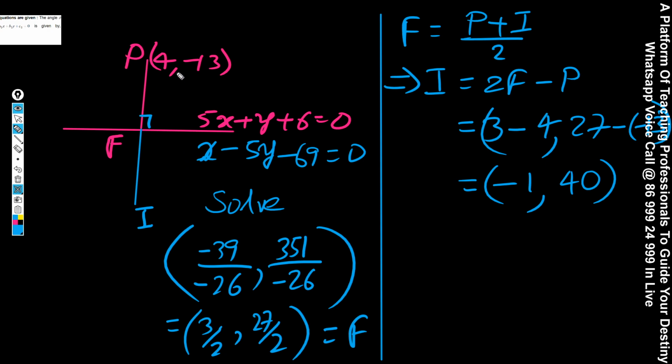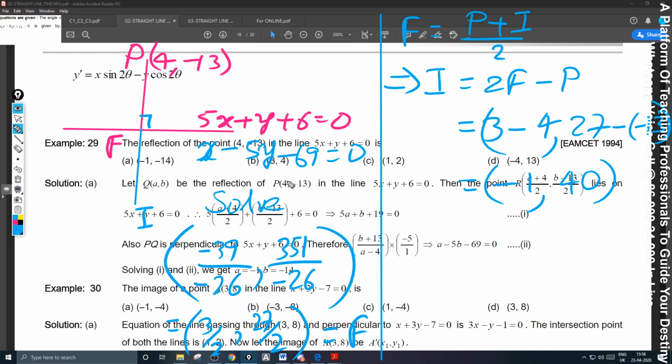It is the reflection of the point (4, -13) in this line equation. Let us check the answer. Minus 1, 40. Just say this, he did it in a different method. Minus 1 is there, but the y coordinate has gone wrong. Let us check it out. Somewhere a minus difference may be there.